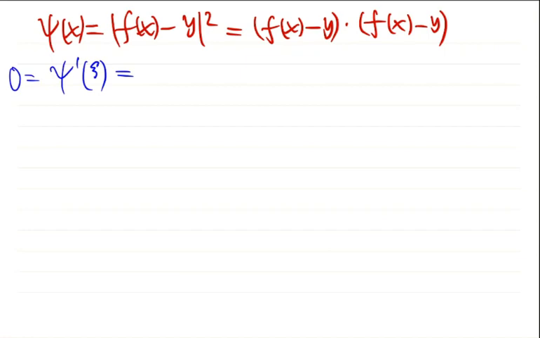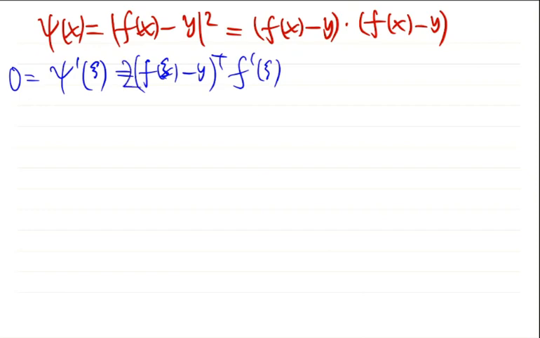Then this is f x minus y, f of x minus y transpose f prime, twice of this.